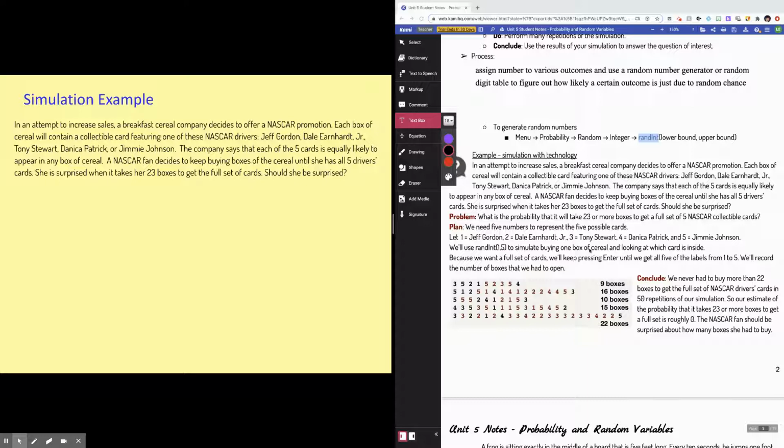So in this example, this breakfast cereal company is putting NASCAR driver cards, almost like baseball cards, but for NASCAR drivers, in all of their different boxes of cereal. And they're saying that it's equally likely to get each of these 5 cards for these 5 NASCAR drivers.